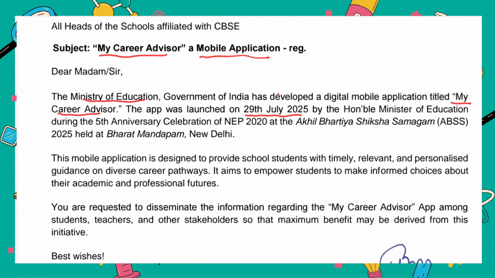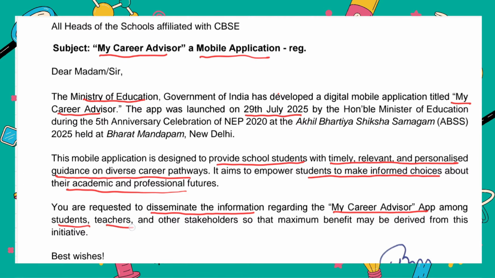This application is designed to provide school students with timely, relevant and personalized guidance on diverse career pathways. It aims to empower students to make informed choices about their academic and professional future. And they also request all the teachers and principals to disseminate the information regarding this app among students, teachers and other stakeholders so that maximum benefit can be derived from this initiative.